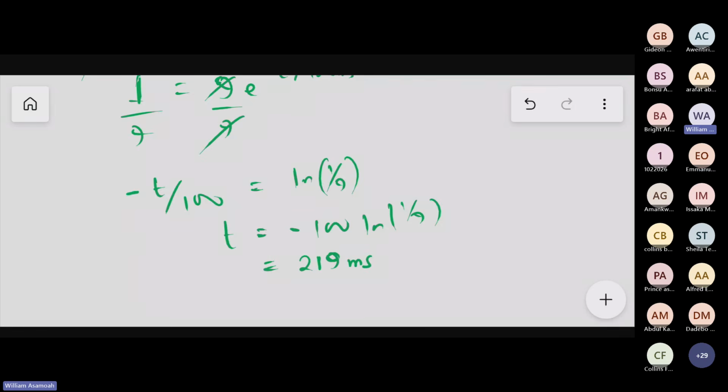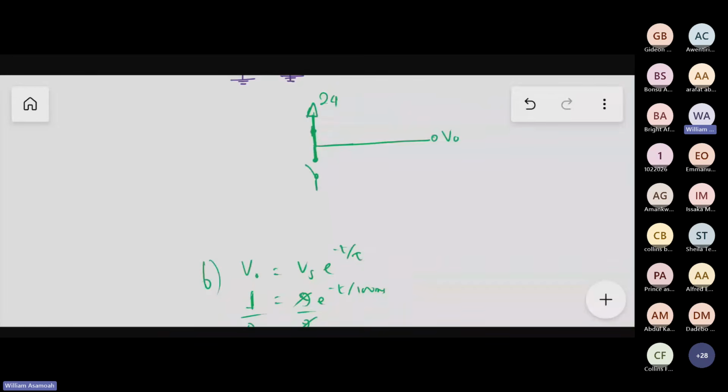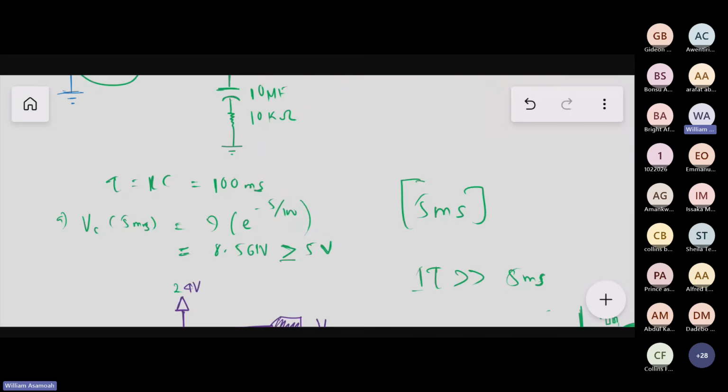Okay, so it means that if we charge the capacitor fully, it would stay for about 0.2 seconds before it discharges to 1 volt. And within that time, all that 5 millisecond thing has elapsed. Please, you understand? The question said that a bouncing period lasts for 5 milliseconds, right?